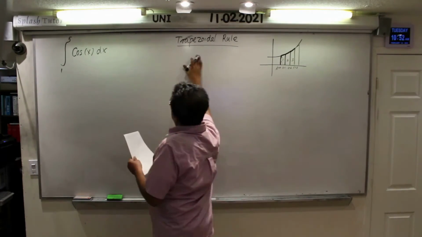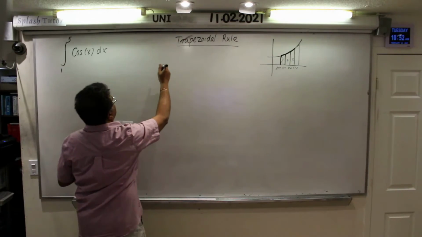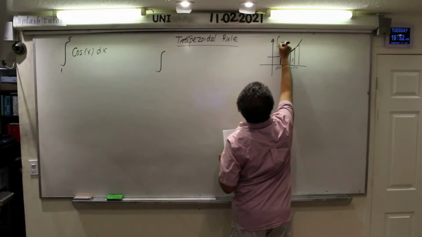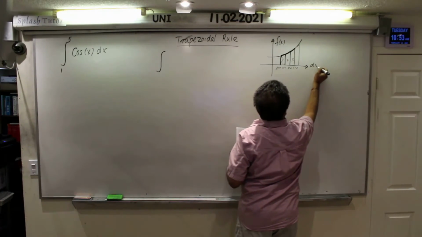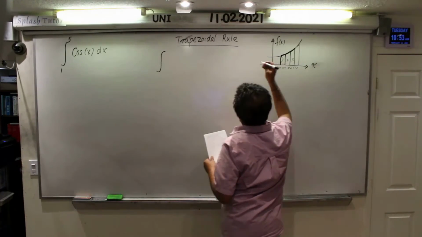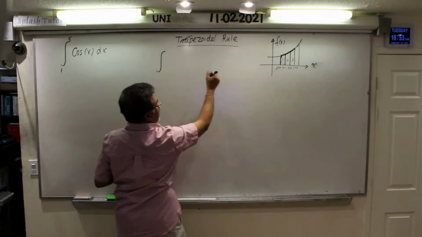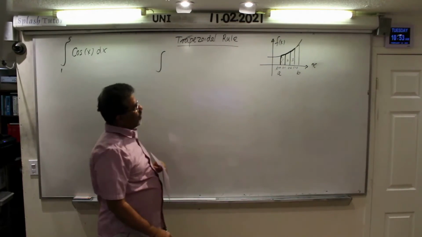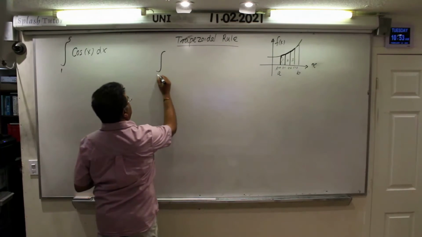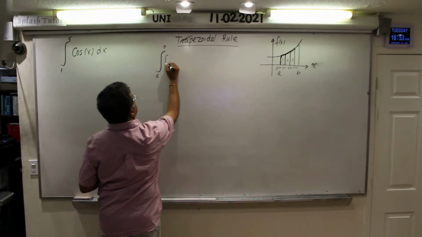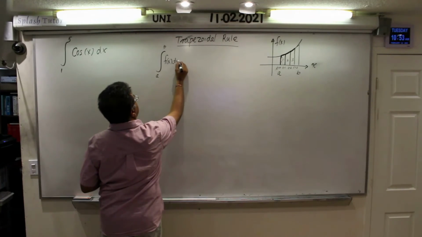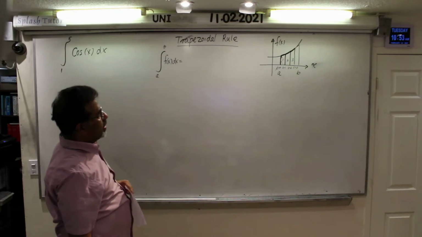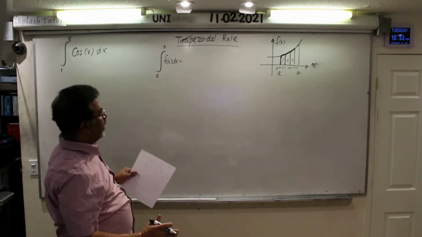So the formula for this: if you have the integral of f(x) dx from a to b, that is the same as finding all the trapezoids' areas and adding them together.